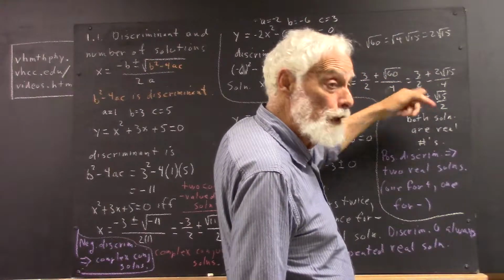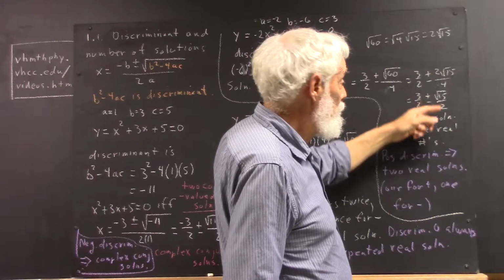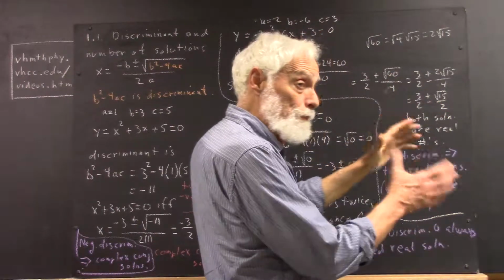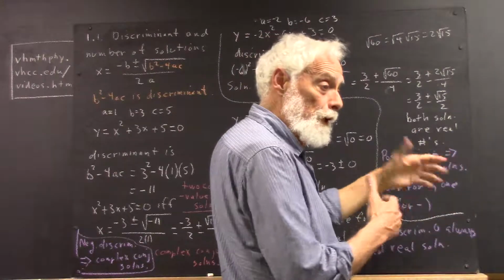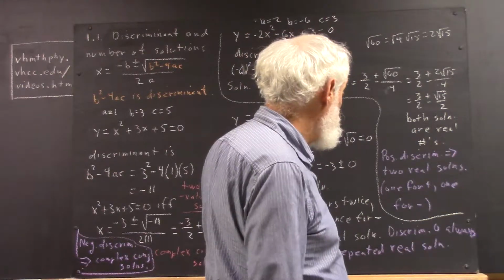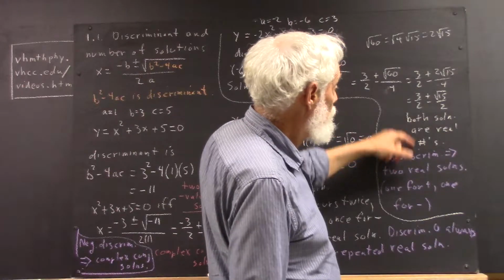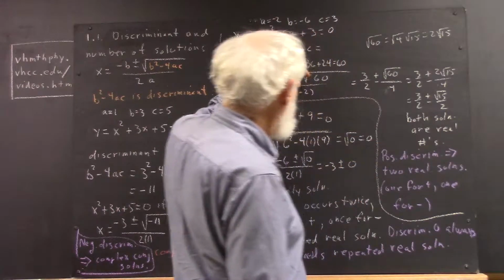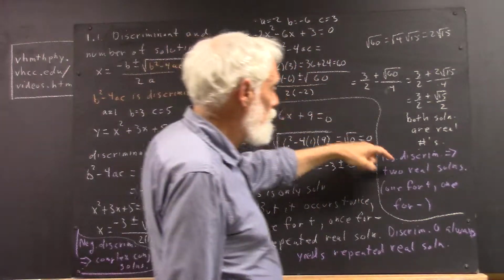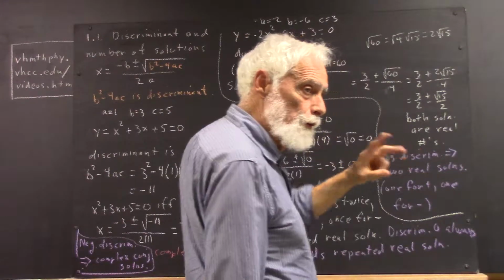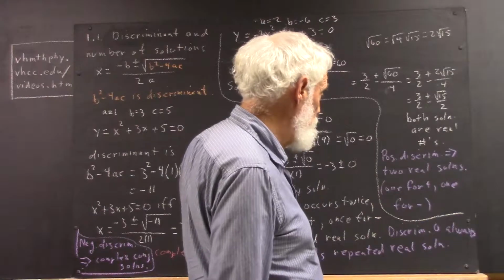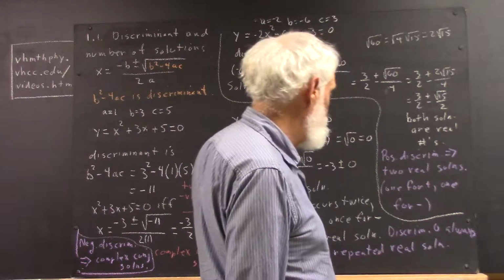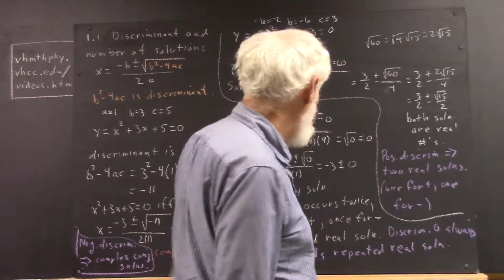If we minus it, we get another result, because this number isn't zero, it's some real number other than zero. Adding, subtracting gives us two different results. So both of these solutions, of course, are real numbers. So when your discriminant is positive, you're always going to get two solutions, and they're going to be real numbers. So I summarize: positive discriminant implies two real solutions, one for the plus, one for the minus.